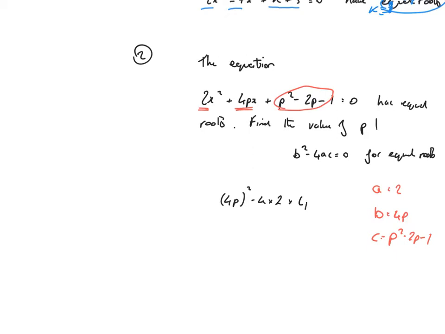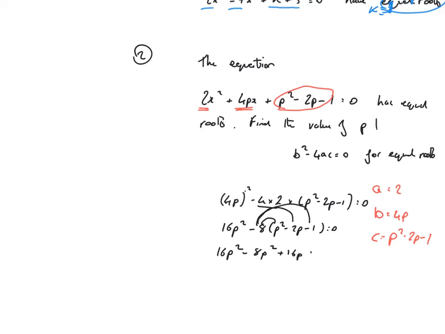Now there's multiple terms there, so again let's wrap it in a bracket, is equal to 0. 4p all squared is 16p squared, and then minus 4 times 2 is minus 8, bracket p squared minus 2p minus 1 is equal to 0. 16p squared minus 8p squared, minus 8 times minus 2p is plus 16p, then minus 8 times minus 1 is plus 8, and that's equal to 0.